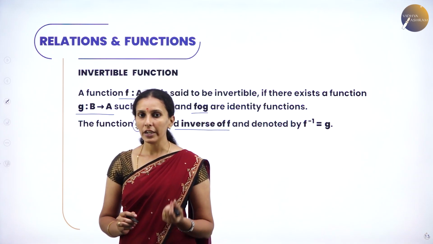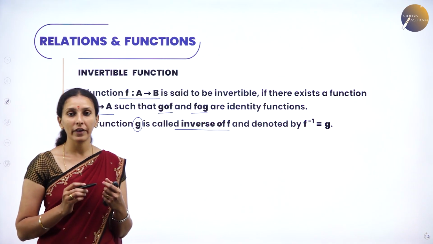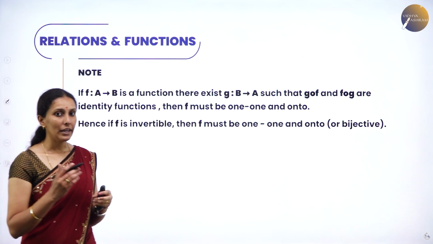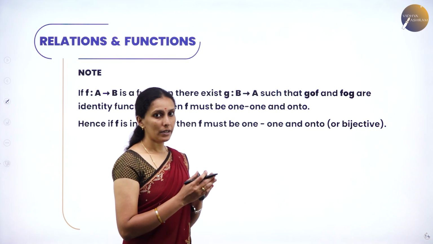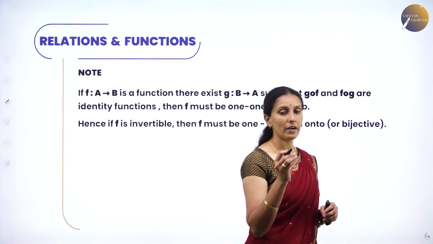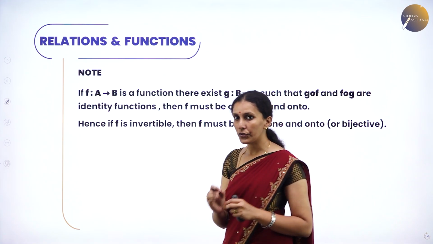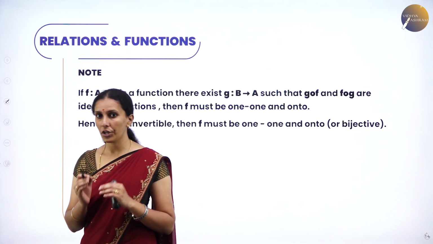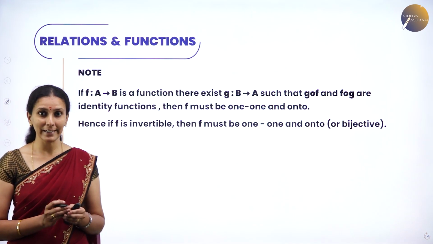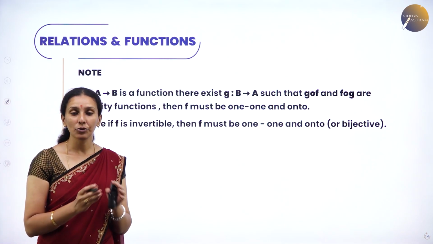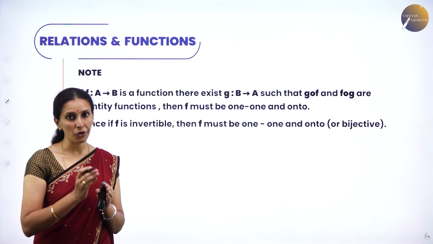We write it as f inverse. So, instead of g, we can also write it in the form of f to the power minus 1, that is f inverse. So, note that if f is an invertible function, that means if f is a function from A to B, there exists a function g from B to A so that the compositions g naught f and f naught g are identity functions. If they are identity functions, then it has to be a 1-1 function and onto function.